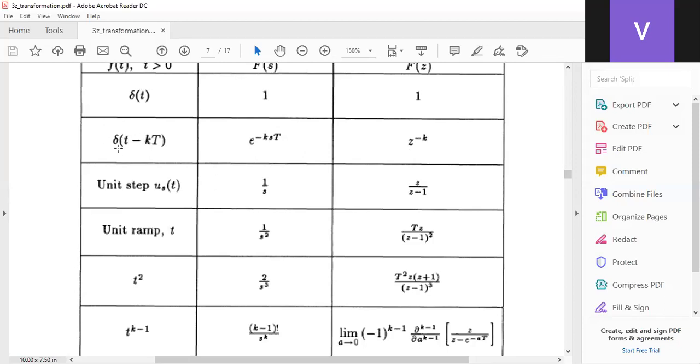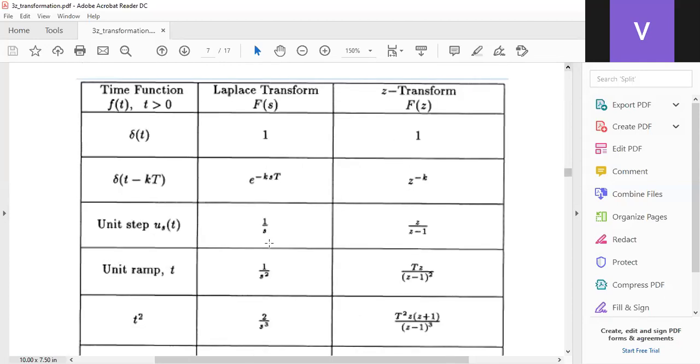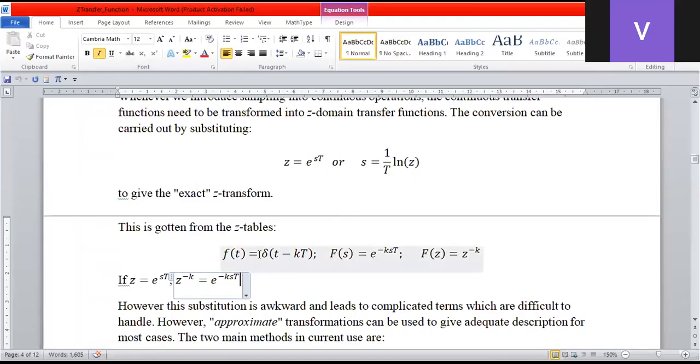This is the time domain impulse function, the Laplace transform of the impulse function is given by this, and the Z transform of an impulse function is given by this. So let's go back to the lecture. That's where I got this line from, the Z tables.